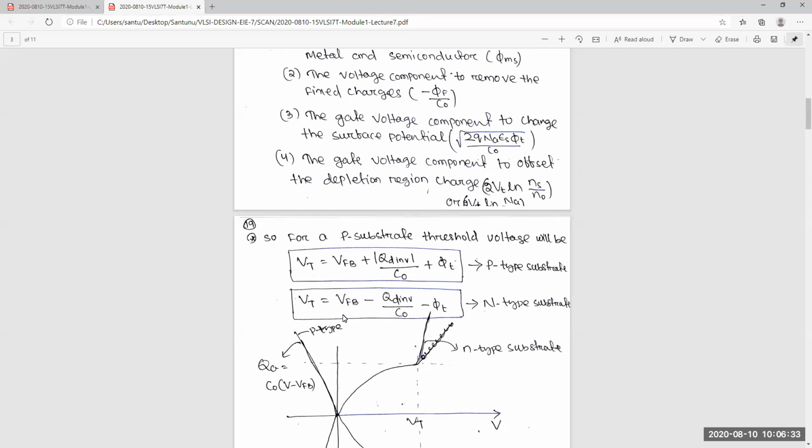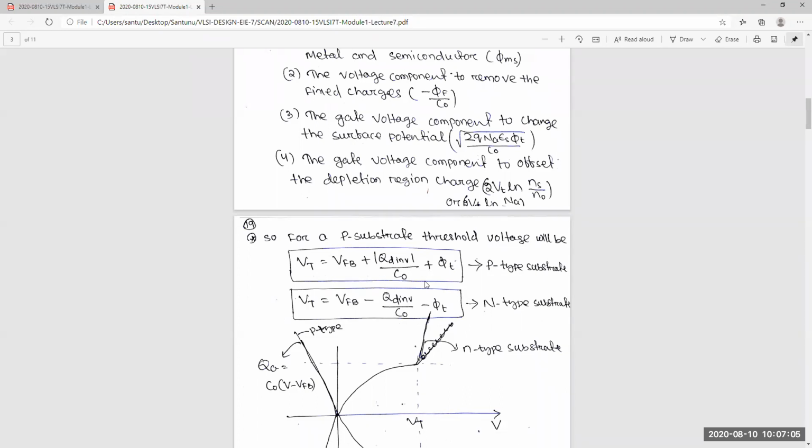The phi ms also depends on the metal type, what is phi m and what is phi s, so that you can calculate. This part is generally not changed. But this term, Qd inversion by C0, will be negative for an n-type semiconductor.